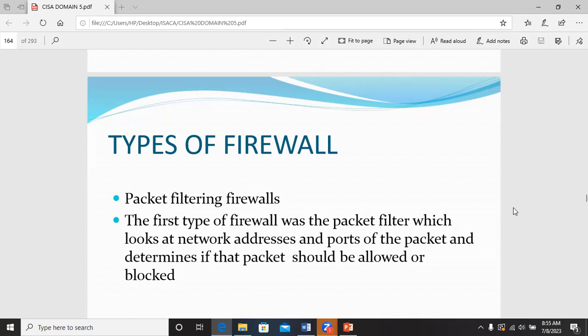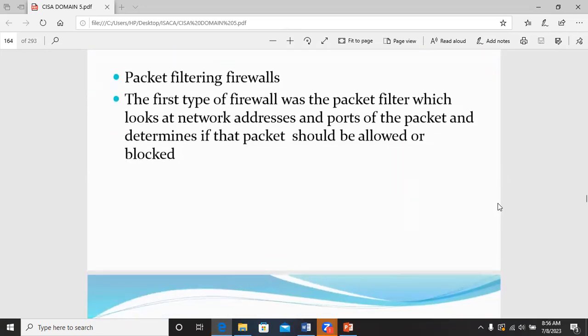So in that case, it's not where you are coming from actually, it's basically where you are going. If the IP address is restricted, and your own IP address is not one of those allowed for that machine or device, then it's going to drop it. So that is packet filtering firewall.